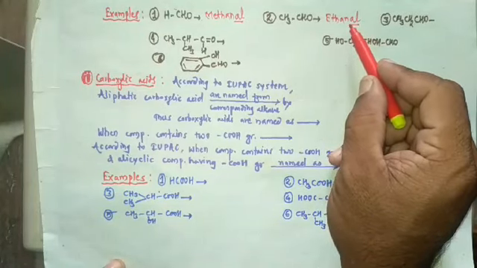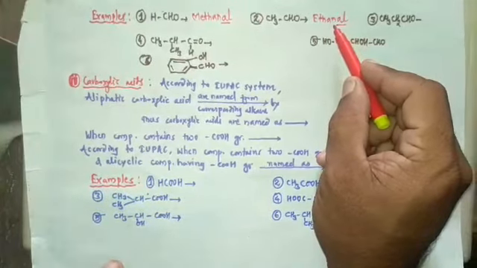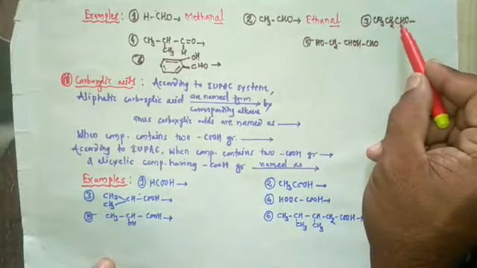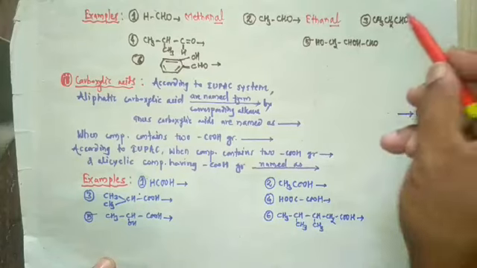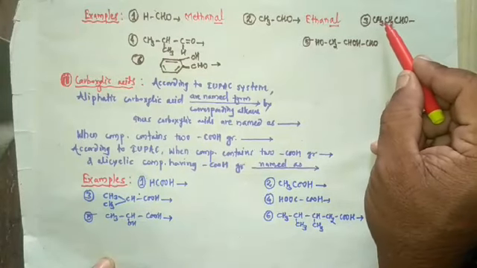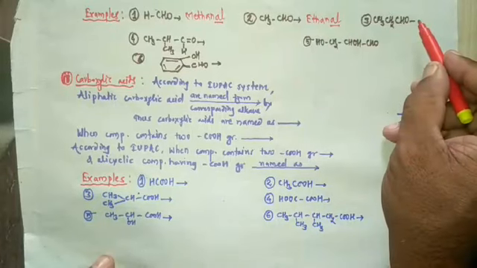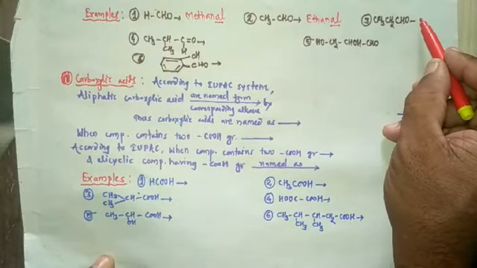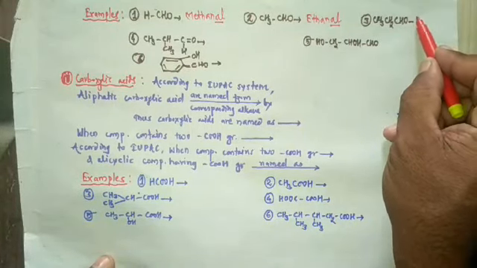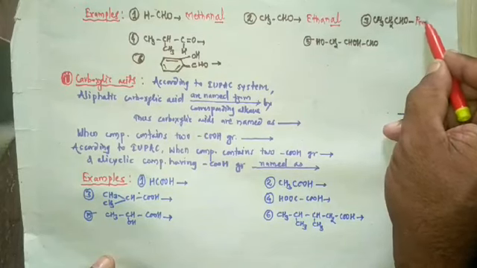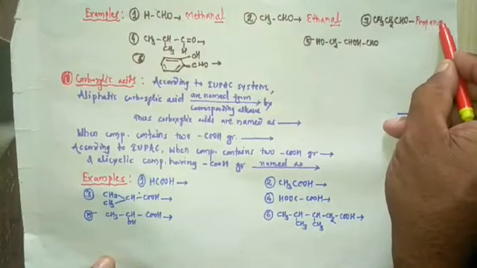Likewise, the next compound is CH3CH2CHO. Here three carbon atoms are present, so the corresponding alkane is propane. Replace the final letter E of propane by al. That's why the IUPAC name of this compound is propanal.